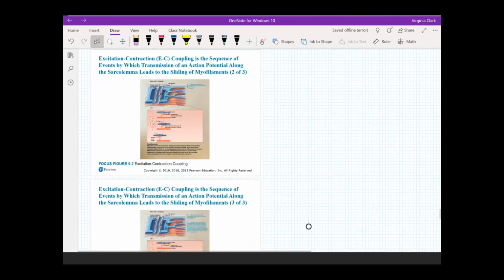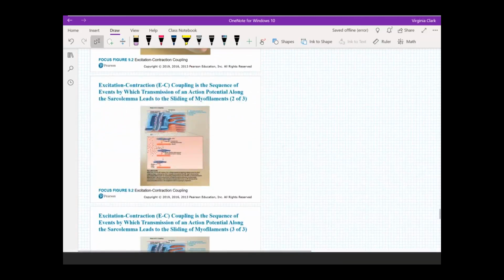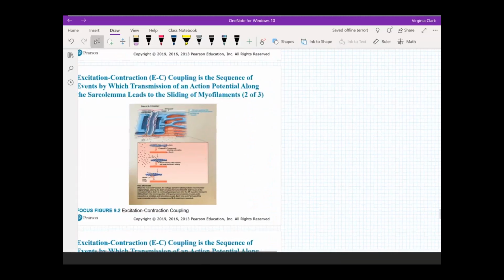Okay, so with our excitation, contraction, coupling along the myofilaments, what is actually happening in this first step? Let me find my notes, I got ahead of it. With excitation, contraction, coupling, the action potential will travel down our sarcolemma.